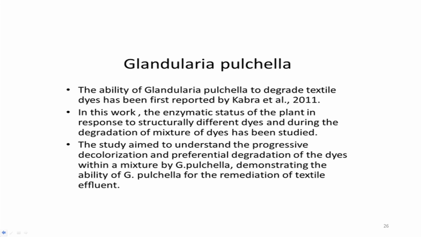The study aimed to understand the progressive decolorization and preferential degradation of the dyes within a mixture by Glandularia, demonstrating the ability of Glandularia for the remediation of textile effluent.